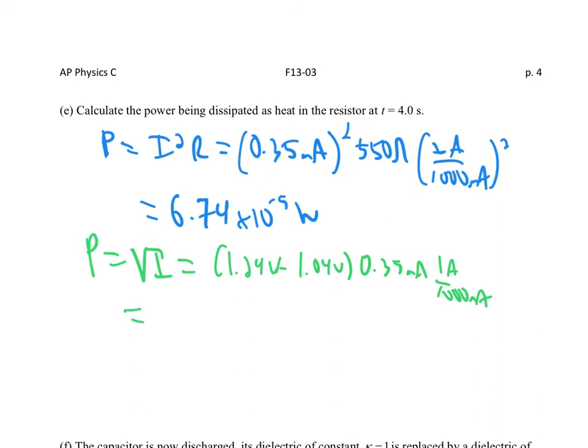And in this case, we get just about the same thing. Here I think I get, because of the way I've done rounding, 7 times 10 to the minus 5. So I'm a little unhappy with that, but that's probably because I rounded too many digits early on.